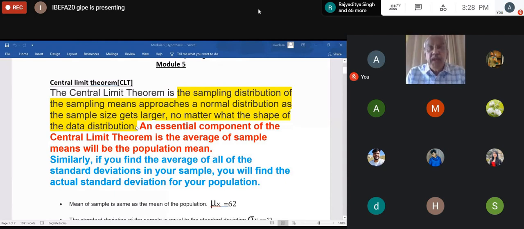In section B, the original data is not normal, but the sampling distribution is normal. This is the central limit theorem. And as the sample size gets larger and larger, the sampling distribution becomes normal with a smaller standard error.